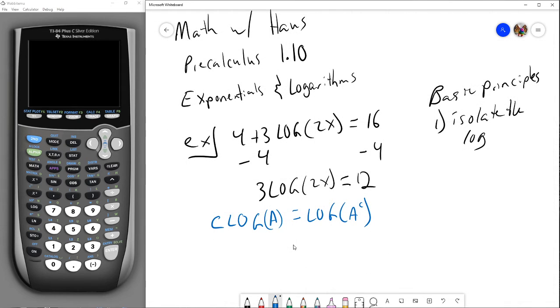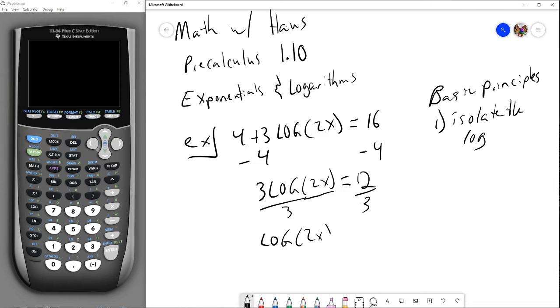So while we could use our law of logs and solve it later on using that, it will be a little more complicated route to go, especially when we have this easier route of just simply dividing by 3. So now we have log of 2x is equal to 4.